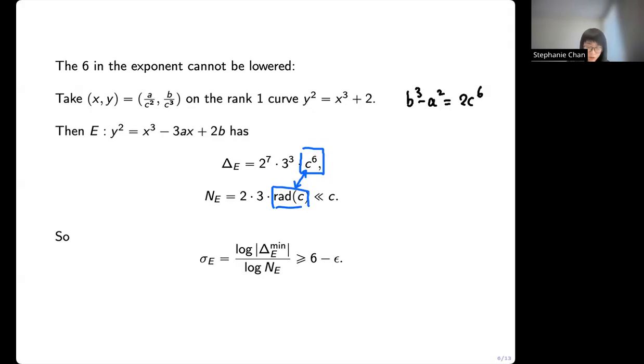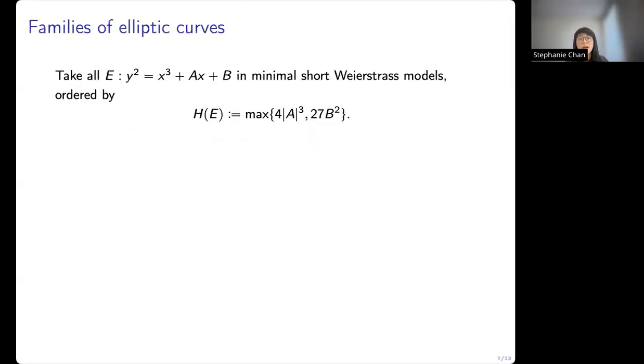So the first family that you would think of is maybe let's just take all elliptic curves in their minimal Weierstrass model. So in some sense, you would vary A and B such that they give you a minimal Weierstrass model, and we order these curves by their naive height.